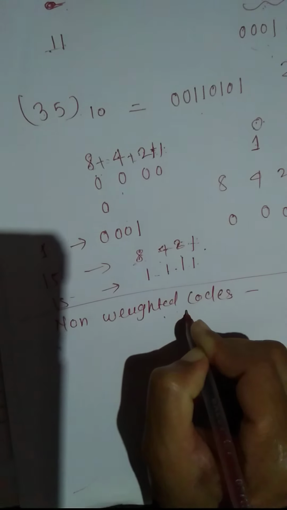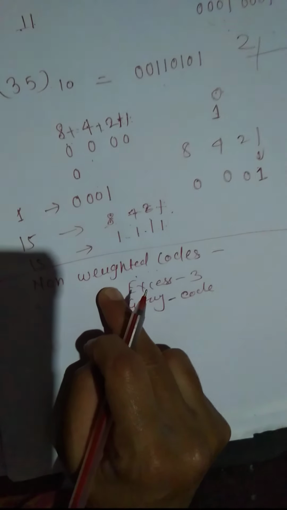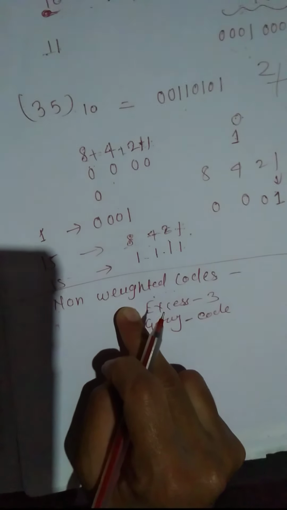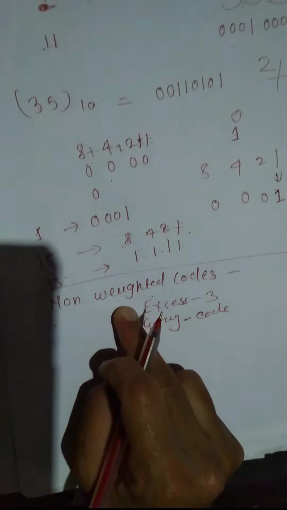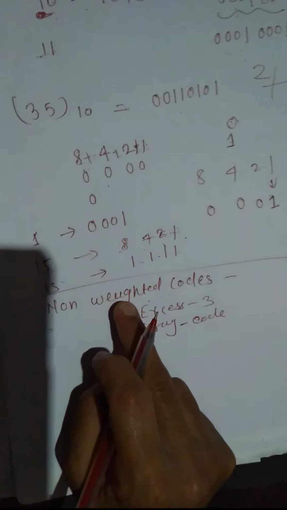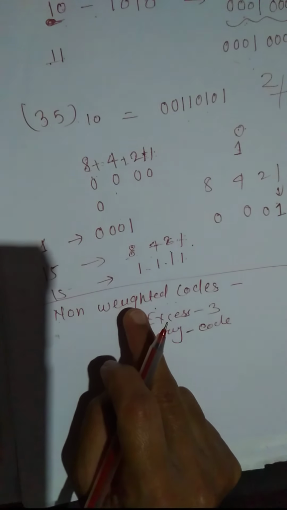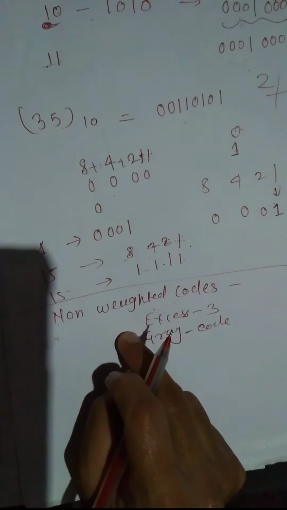What is the XS3 code? The XS3 code is a non-weighted code. This code is derived from the 8421 BCD code. In the 8421 BCD code we add 3, and that is called the XS3 code.